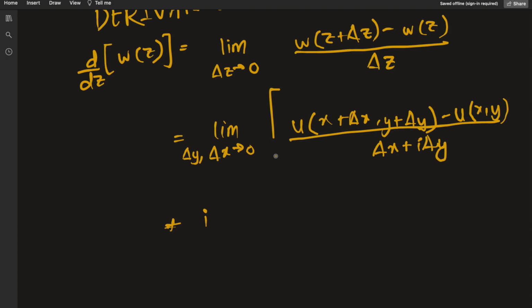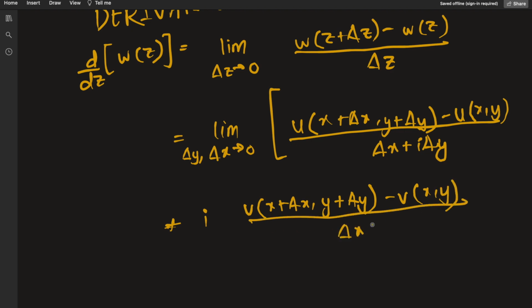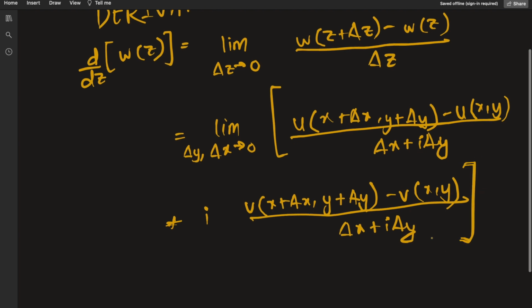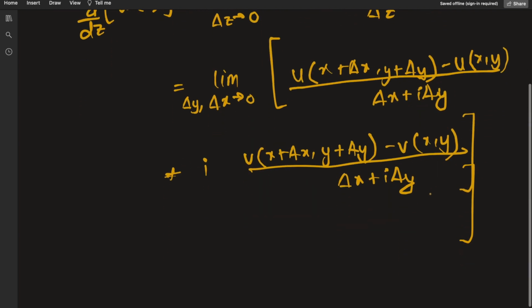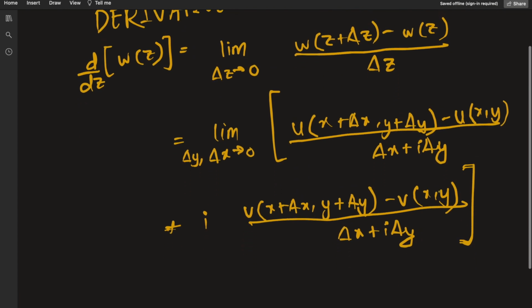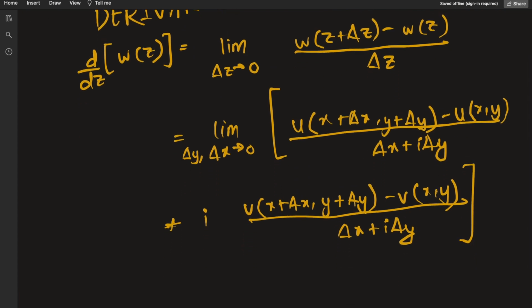So I can bracket this: v of x plus delta x, y plus delta y minus v of x y, with the same denominator again, delta x plus i delta y. So you can extend a derivative like this.